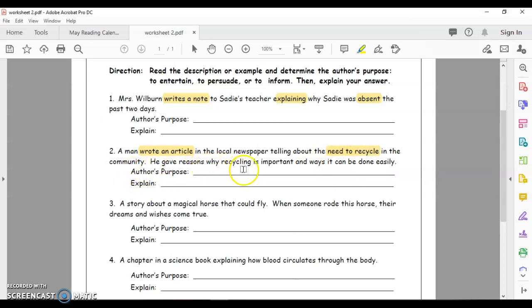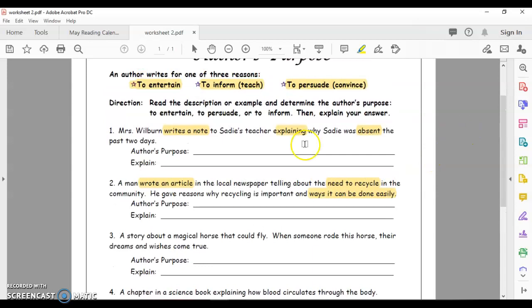He gave reasons why recycling is important and ways it can be done easily. So here, let's go back. What's the author's purpose? Is it to entertain, to inform, or to persuade?